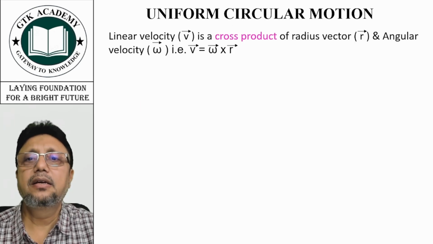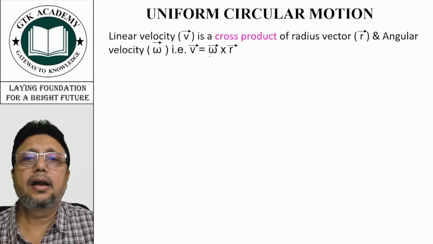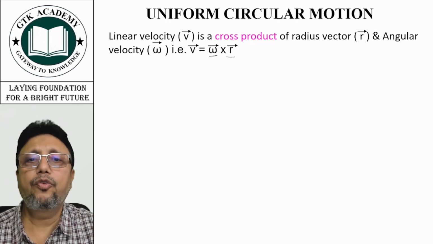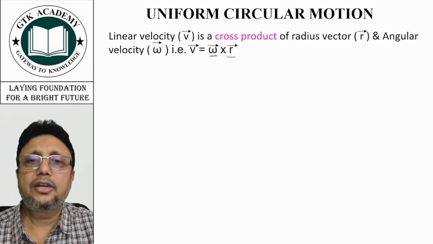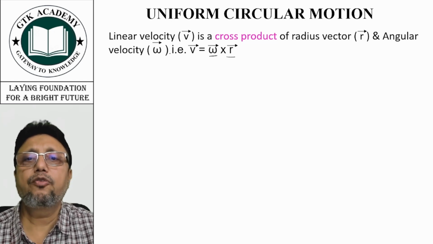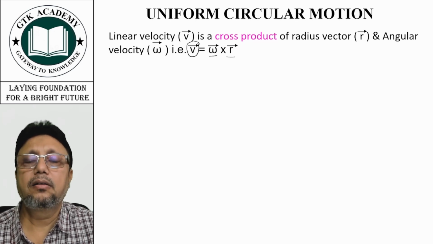Now we were telling that linear velocity is the cross product of radius vector and angular velocity, that v is equal to omega cross r. Now we have told you how to find the direction of omega. Now we need to find the direction of v using omega and r.